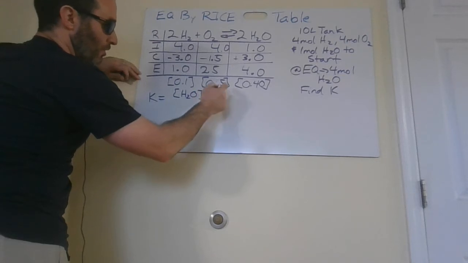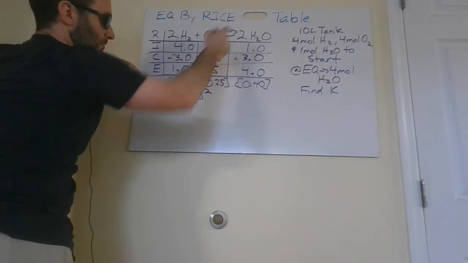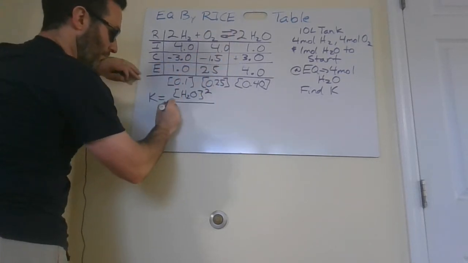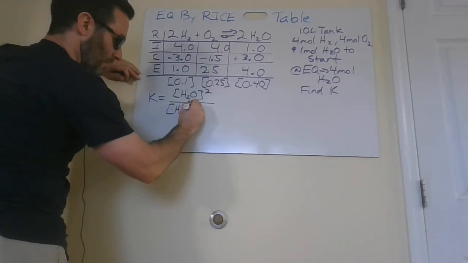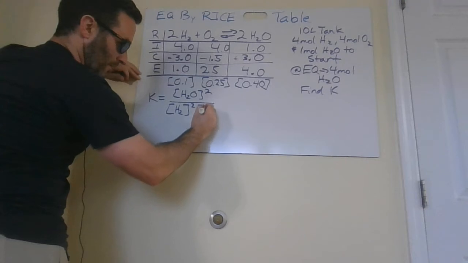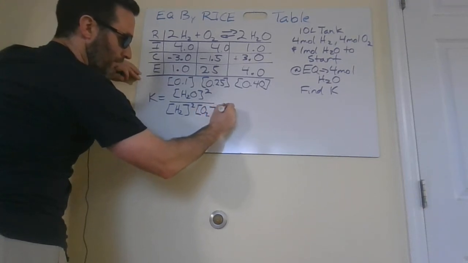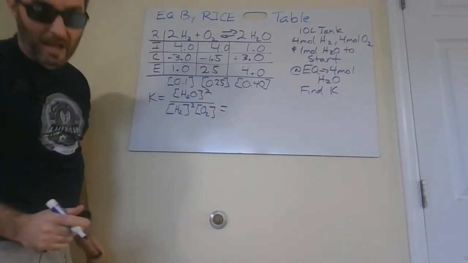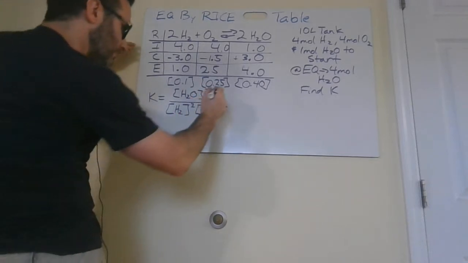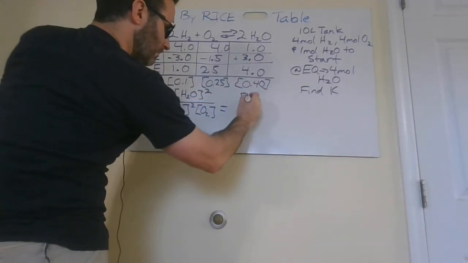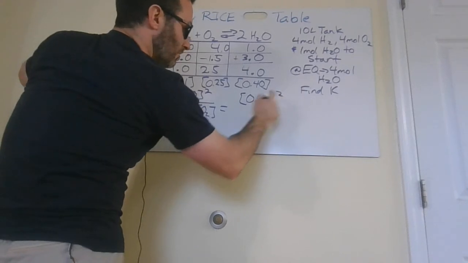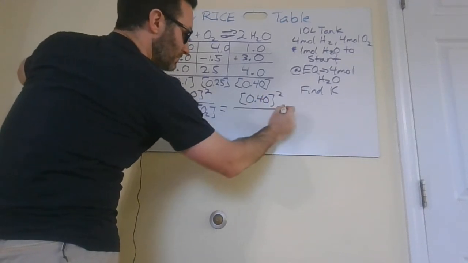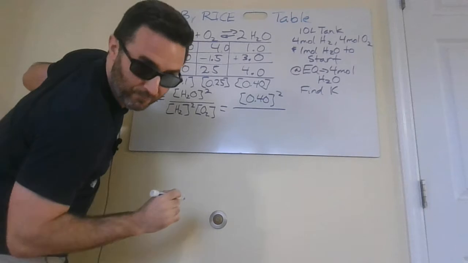Products with the coefficient over reactants. Hydrogen gas squared over O2. No, you just plug and chug. That's going to be 0.16. 4 times 4 is 16.